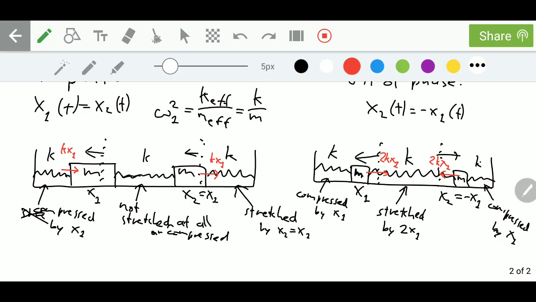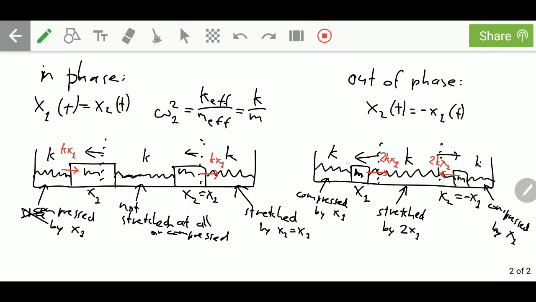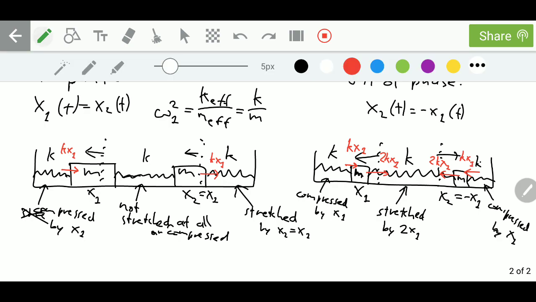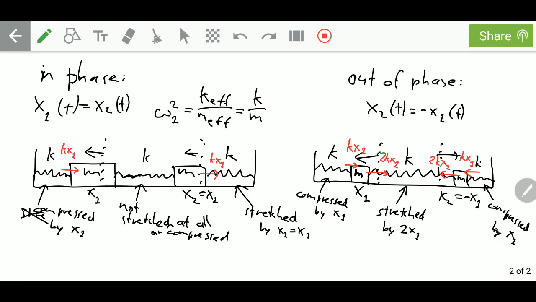So this one will apply a force kx1, and this one will also apply a force in this direction, kx1. And so notice that the total restoring force on either of the masses is now 3kx1. So you get kx1 from one of the springs on the side and 2kx1 from the spring in the middle. And thus the total force is 3kx.